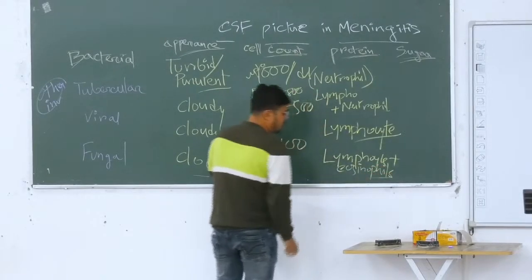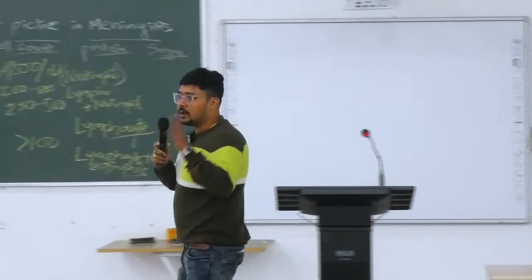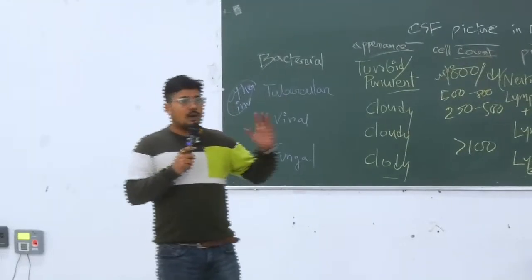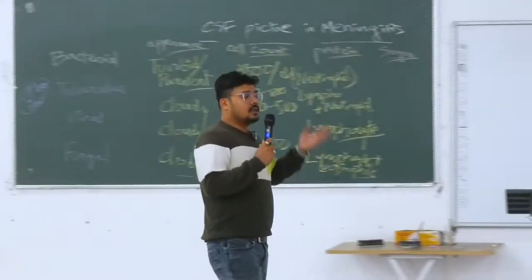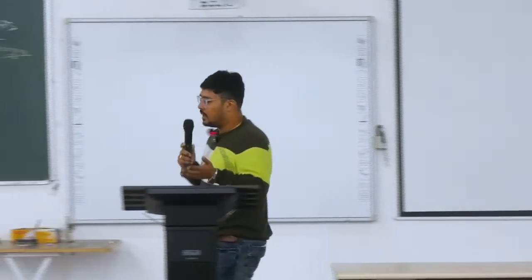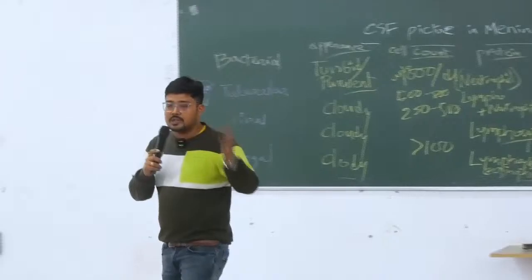So in all meningitis scenarios, the cell count of the CSF will invariably be increased, but the population of cells will differ from one etiology to another. In bacterial meningitis, the predominant population is neutrophils, and in viral meningitis, lymphocytes.